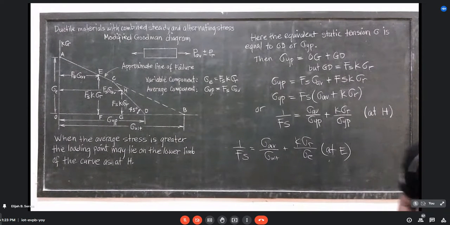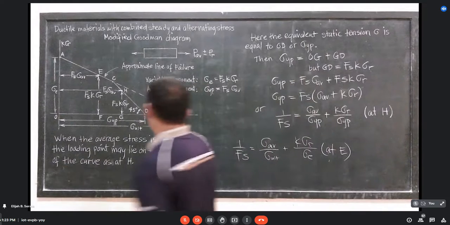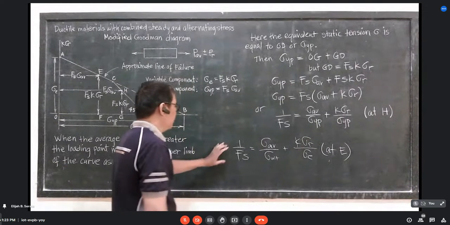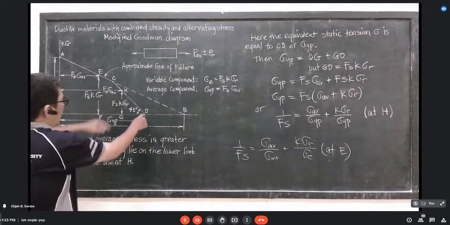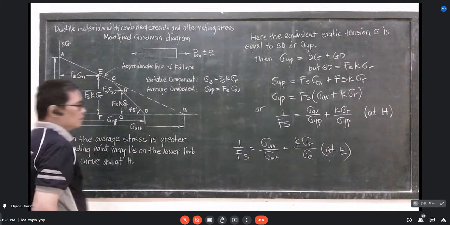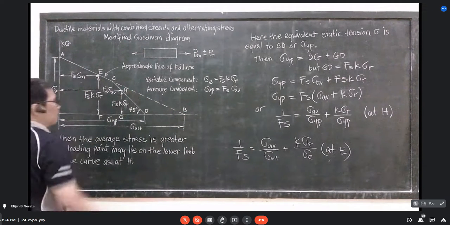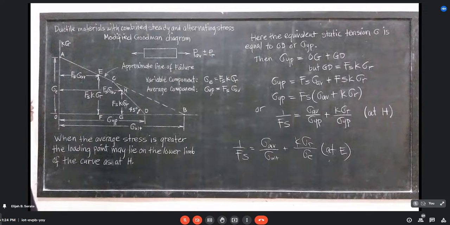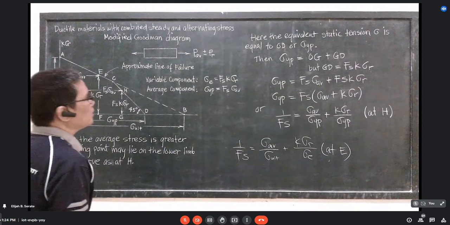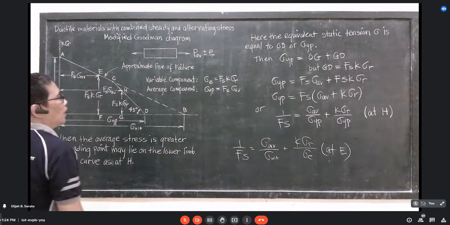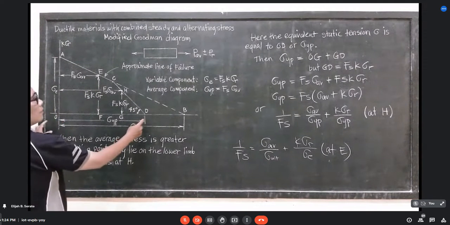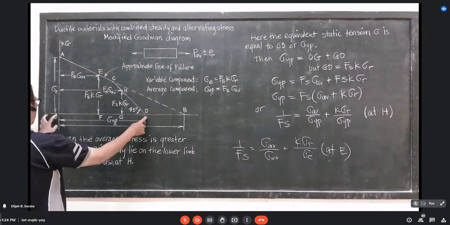So, this time, our formula will not be anymore this one, because we are now following this line. This formula is following this line. So, our equivalent static tension is now up to only the yield point.